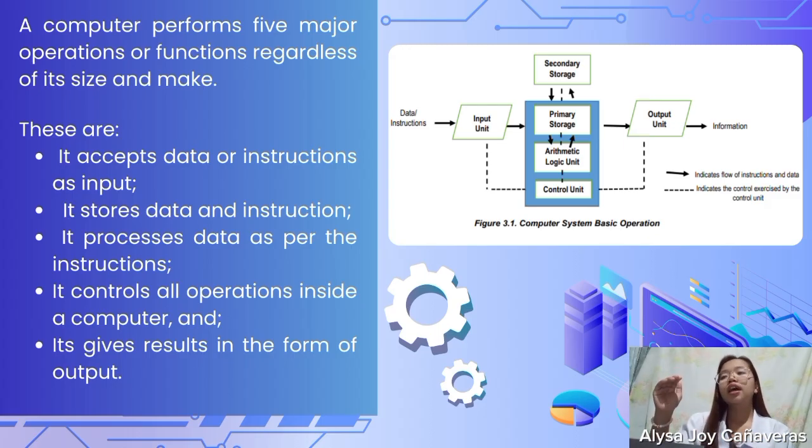The data or the instructions being input in a computer would be called the input unit. Then that input or data would be stored in a primary storage, and it will be processed, and later on it will result in the form of an output.